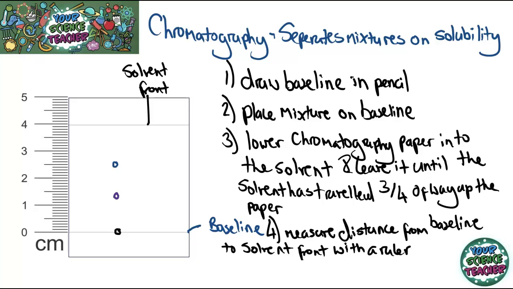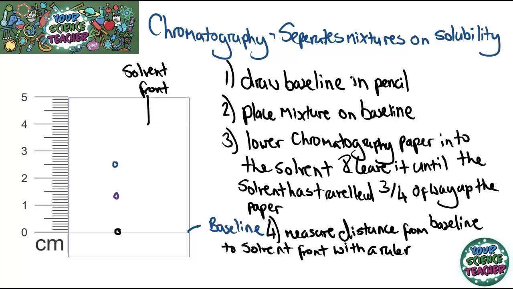Now we're going to calculate the RF values of these spots. The RF values are going to be really important in determining what we actually have inside our mixture, because there'll be published values for these RF values in different books and online as well.